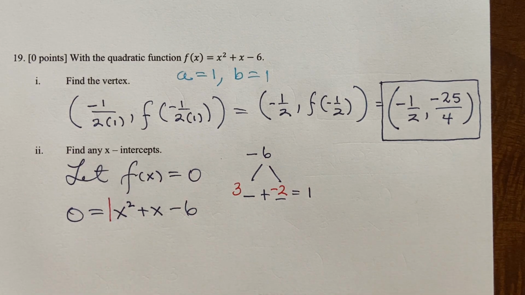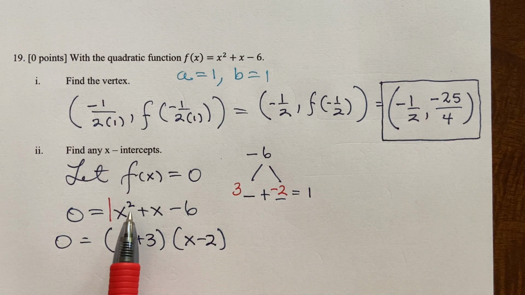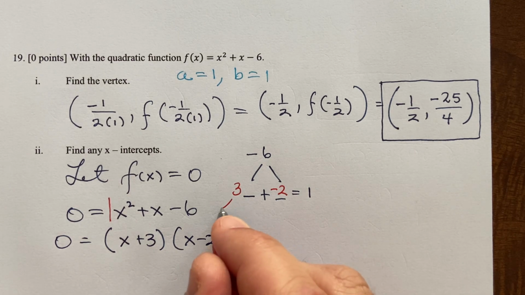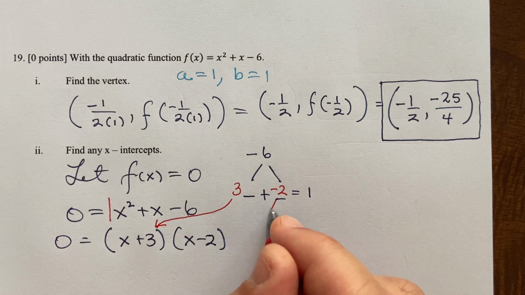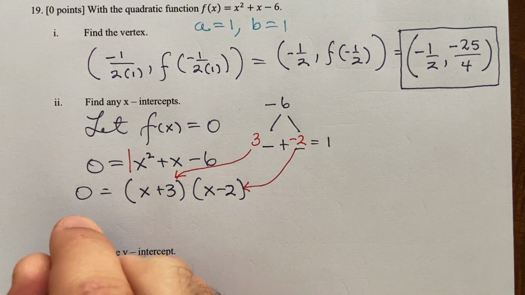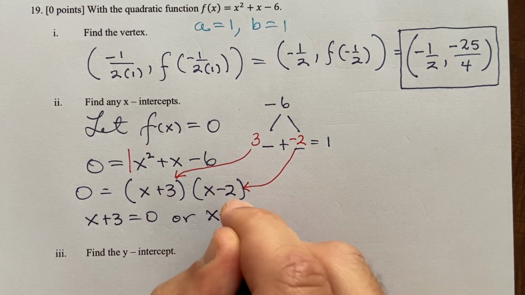This is a case where our a is 1, so I could quickly write the factorization as x plus 3 times x minus 2. Remember, when there's a 1 for a, as soon as you find the factors that work, they will always just appear in the factorization this way. So it must be that x plus 3 equals 0 or x minus 2 equals 0.